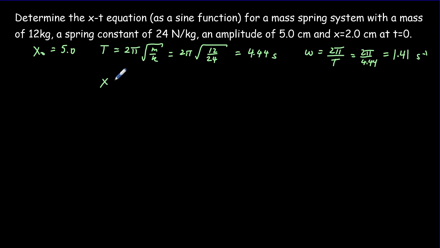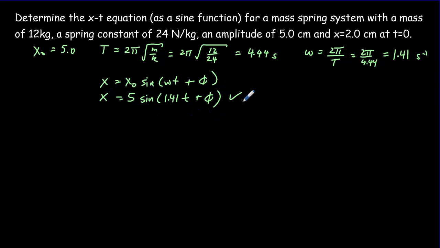We know that x should equal x0 sine omega t plus phi. We know that the x naught is 5. We know that the omega is 1.41. We don't know the phi yet. So we have this much.